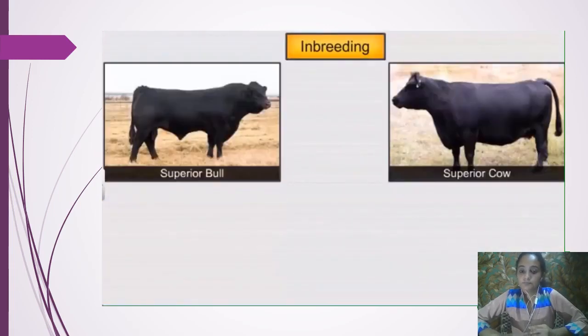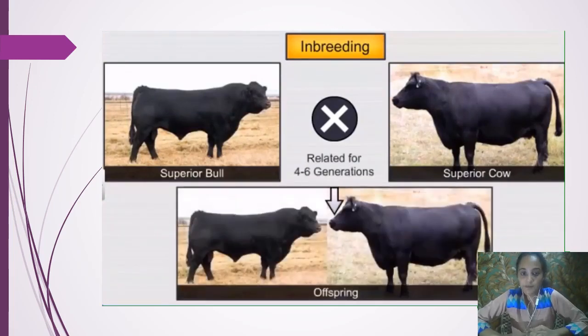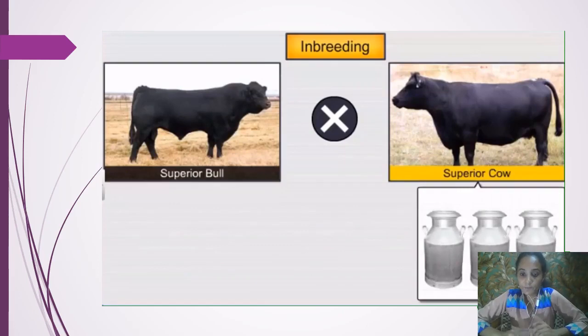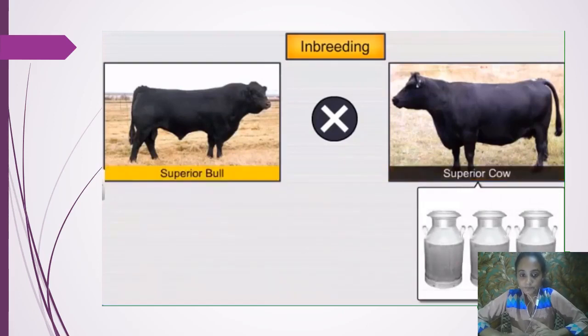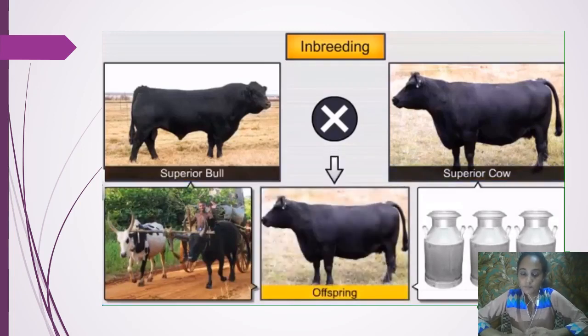Animals selected for inbreeding are of superior quality. So we said it's a superior male and a superior female. And they do this inbreeding for at least 4 to 6 generations. And after getting the progeny, that's why we call it superior offspring.